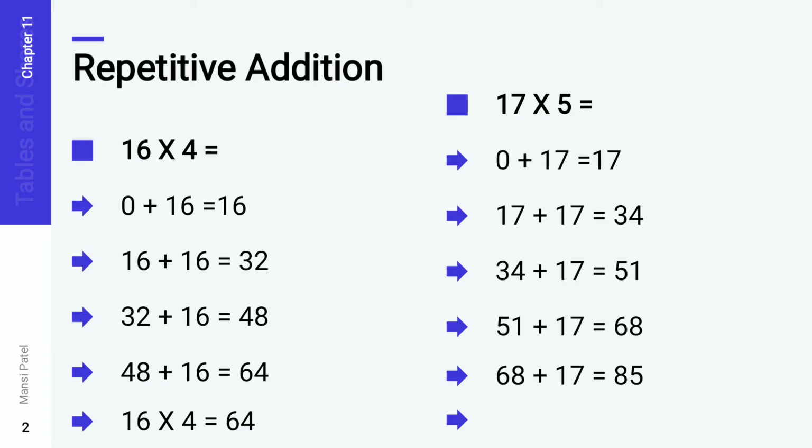We are adding 17 five times. So 17 fives are 85. This is known as repetitive addition. Repetitive addition is the process of getting the answer of multiplication, or we can say that in a multiplication we are adding the same number repeatedly.